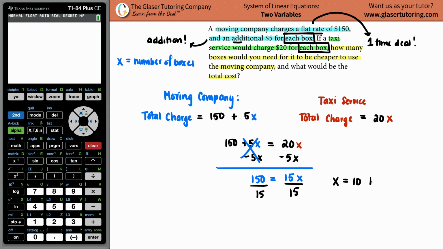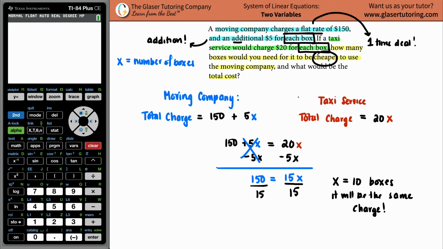Okay, so that means that at 10 boxes, it will be the same charge because we set them equal to each other. Now, let's just see, is that going to be our answer? The question said, how many boxes would you need for it to be cheaper?